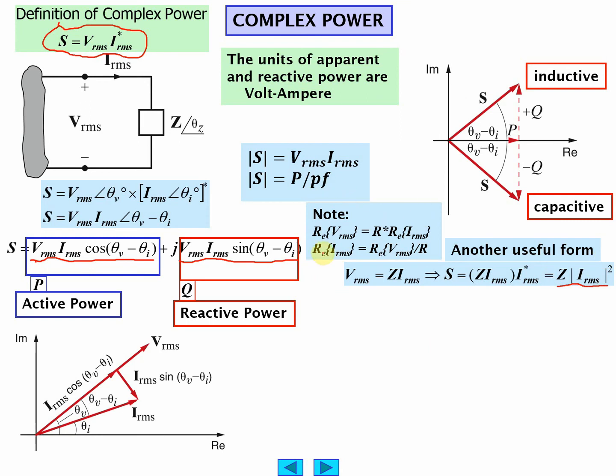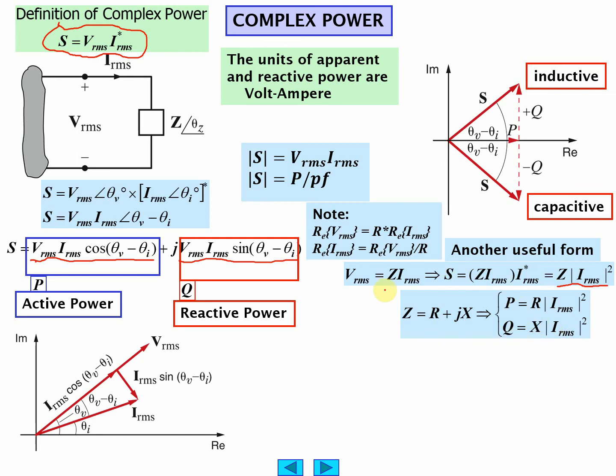The real parts and the imaginary parts. Resistance times the real part of I_RMS, and vice versa. Now, we have impedance is equal to R plus jX, reactance. There we go. Just a couple of other identities.